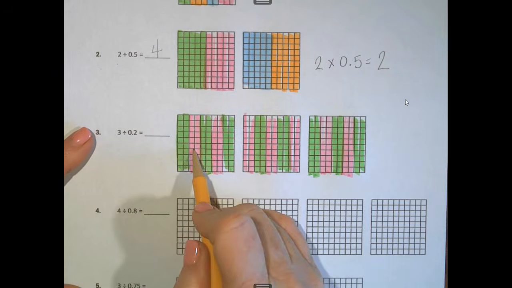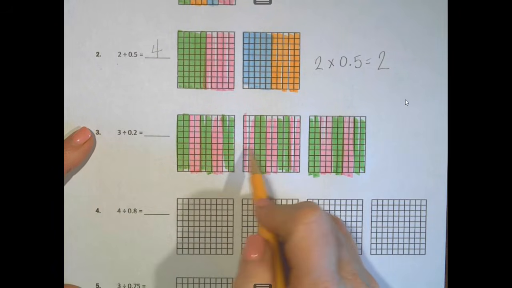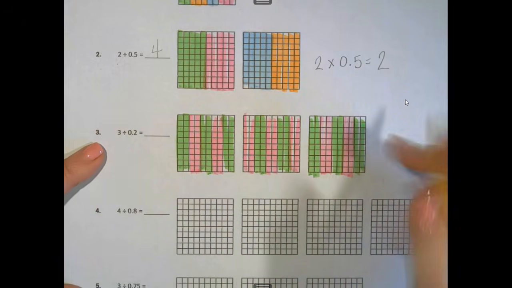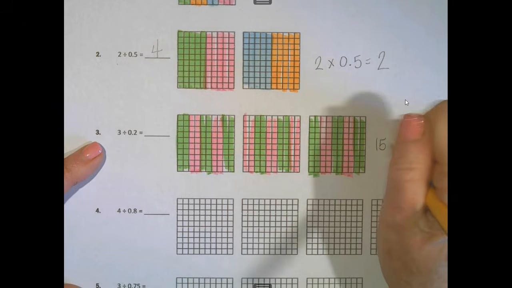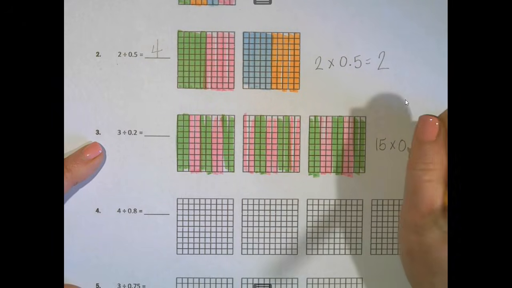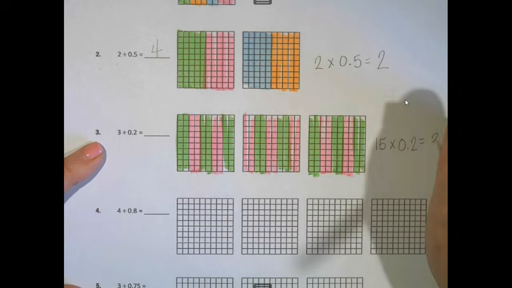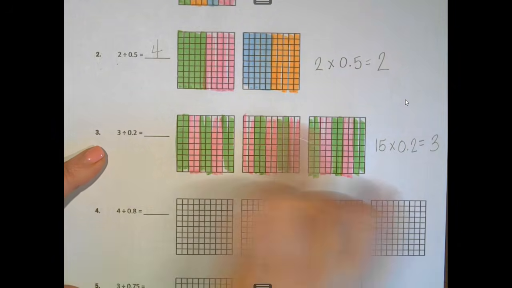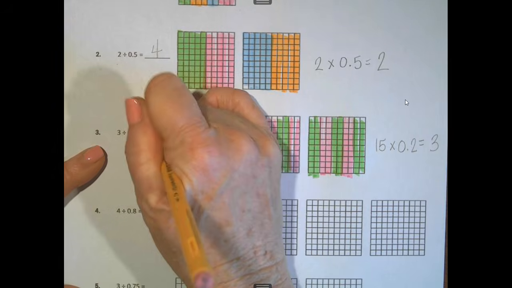So I see 1, 2, 3, 4, 5, 6, 7, 8, 9, 10, 11, 12, 13, 14, 15. I see 15 groups of 2/10 equal 3 wholes. So 3 wholes divided into groups of 2/10, there are 15 of them.